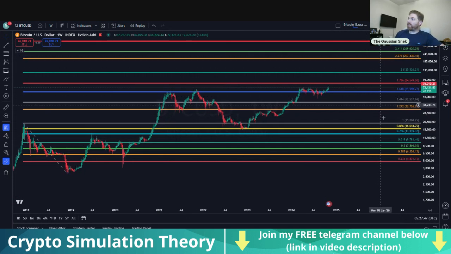The 2.272 is at $207,430.16. This is relative to the 2017 top. The 2.414 is right at 270K, also relative to the 2017 top.